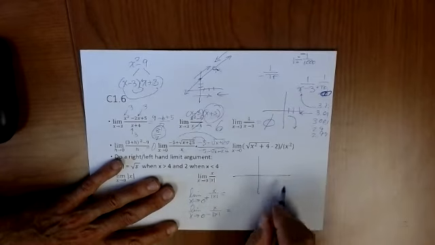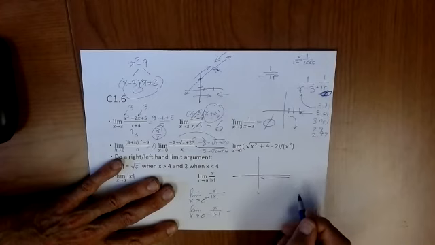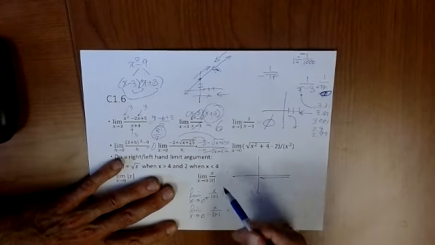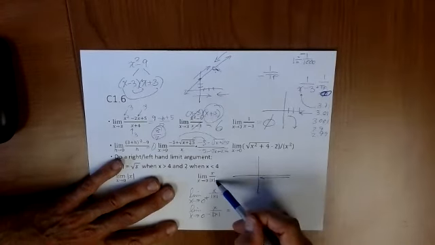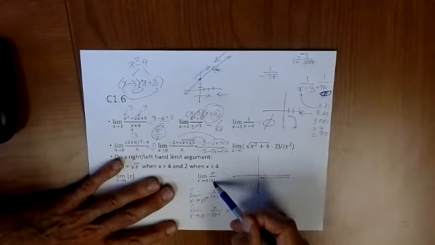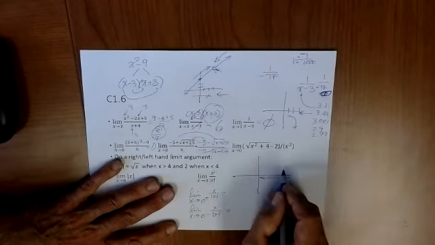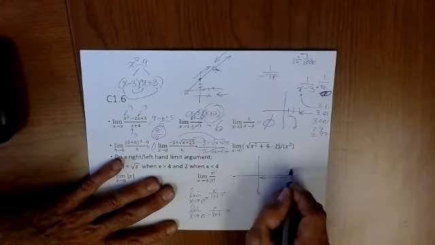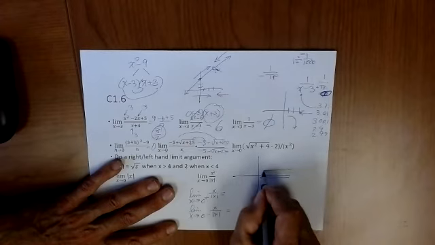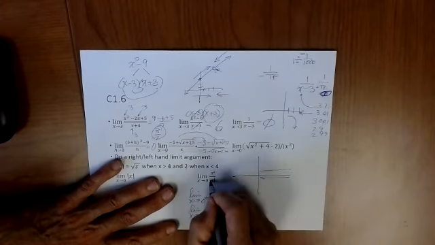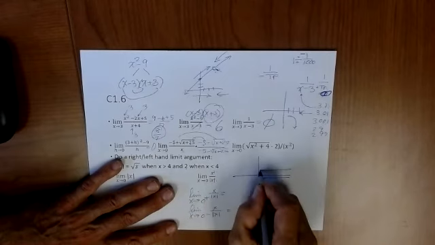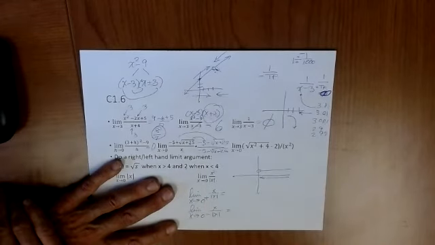As I come in towards 0 from the right, I'm going to have like 5 over the absolute value of 5, 3 over the absolute value of 3, 2 over the absolute value of 2. Those are all the same, 5 over 5, 3 over 3, 2 over 2. So that is all 1. But I can't have 0 because 0 is undefined. It's going to create a hole.